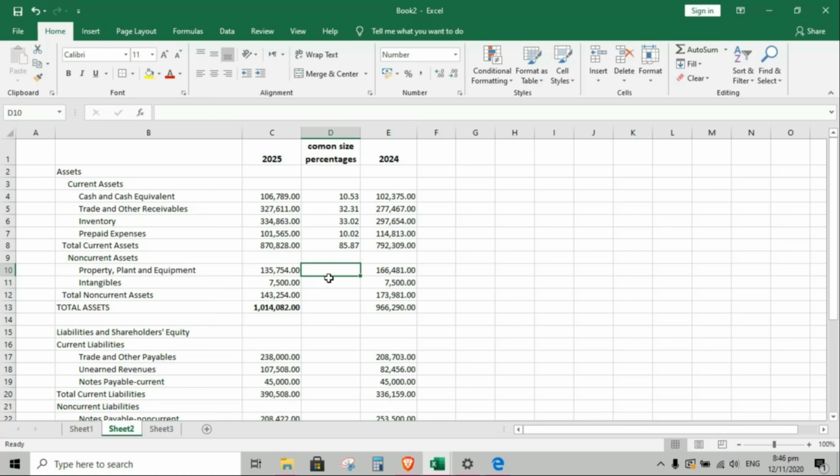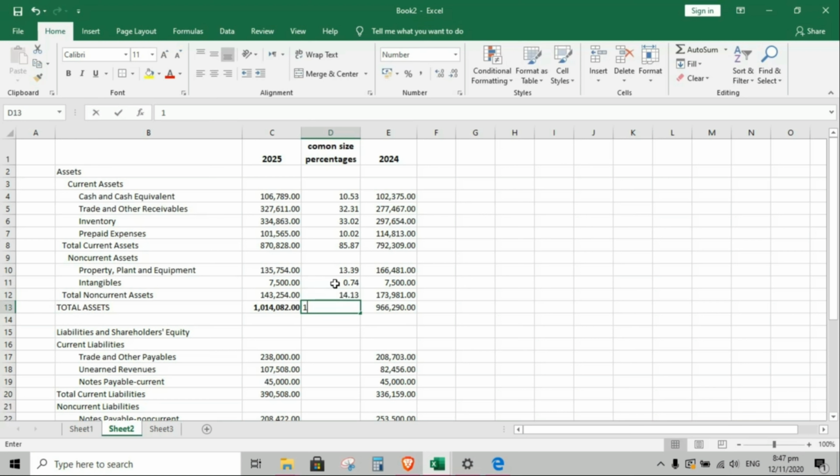Okay, so, next is the property, plant, and equipment or also abbreviated as PPE. Hindi PPE na para sa COVID, kundi PPE na property, plant, and equipment. Okay, so if we're going to compute that one, divided by total assets times 100. Okay, 13.39. So, i-encode ko na lang siya kaagad para medyo mabilis tayo.